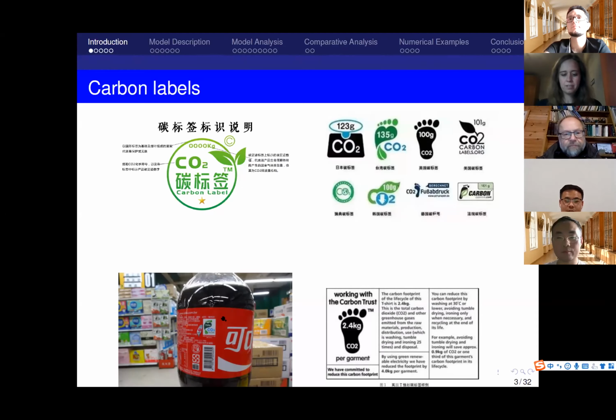Coca-Cola is familiar to us. On this bottle, there is the carbon label, which is from our government working with the Carbon Trust. It means that if a manufacturer produces this garment, he will emit 2.4 kilograms of carbon.